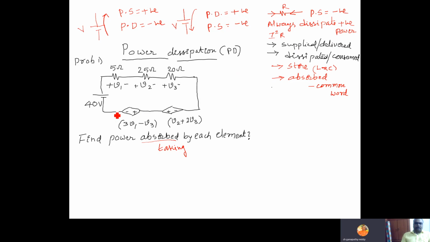With the help of this sign convention, let us solve this problem. Assume a current I, then write the mesh equation.